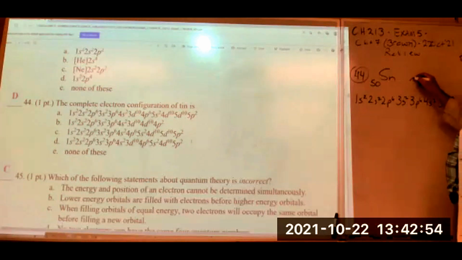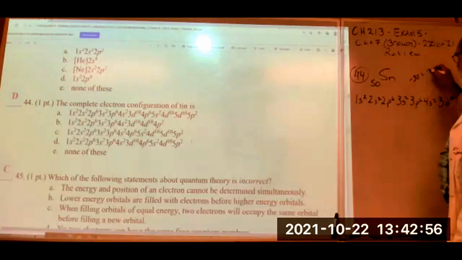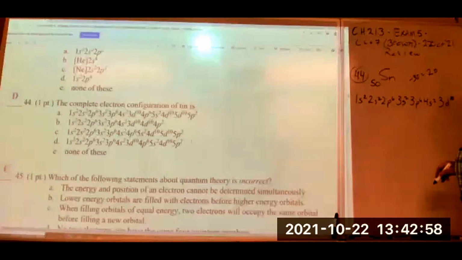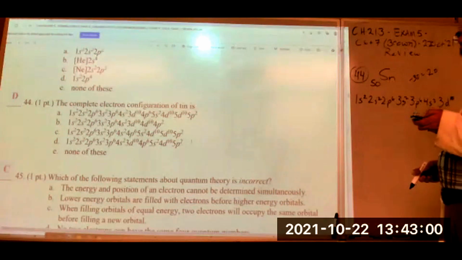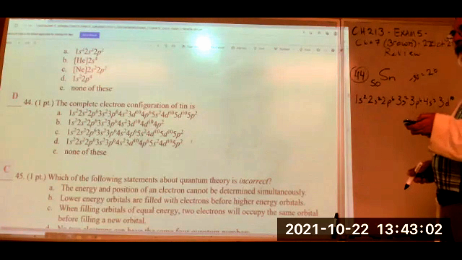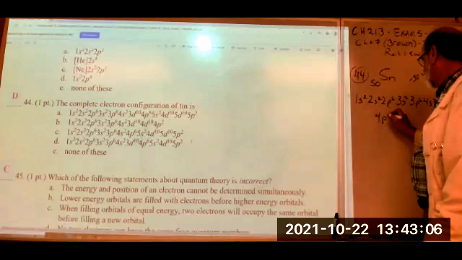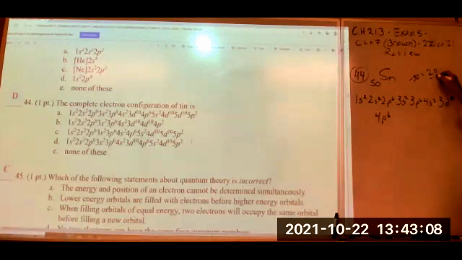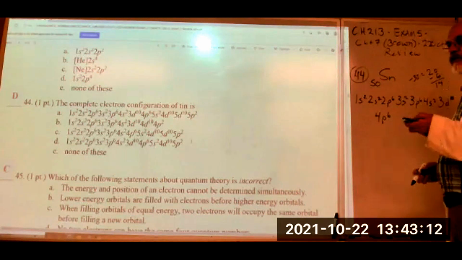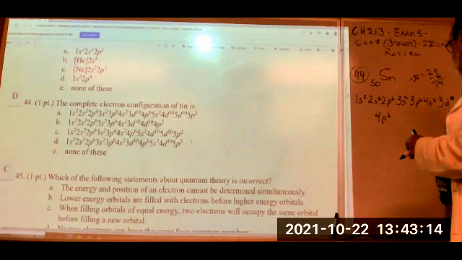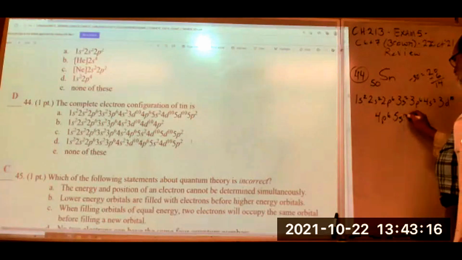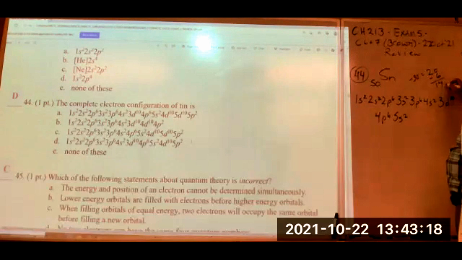So we got 30 done. We need 20 more electrons. So 3d gets us to here. Now we're back to 4p, gets us 6 more. Okay? So that's 14. Now what do we do? We swing around to 5s2. Right? So now we're down to 12.